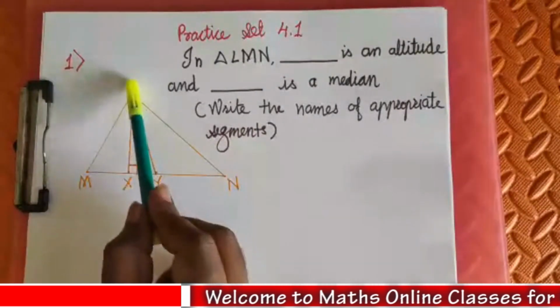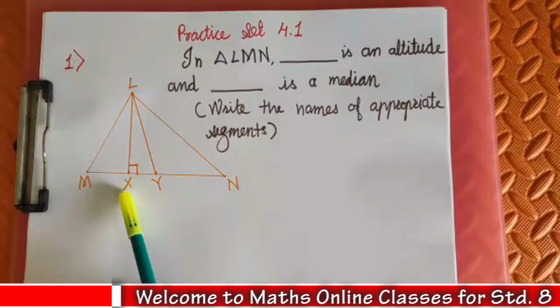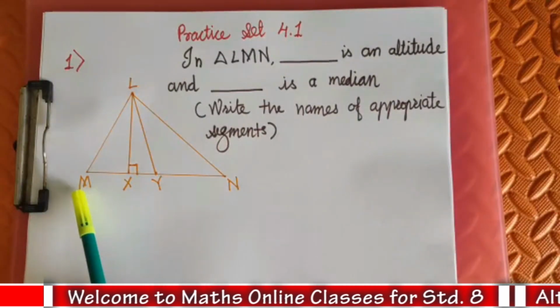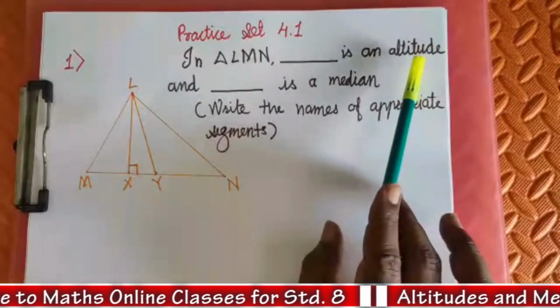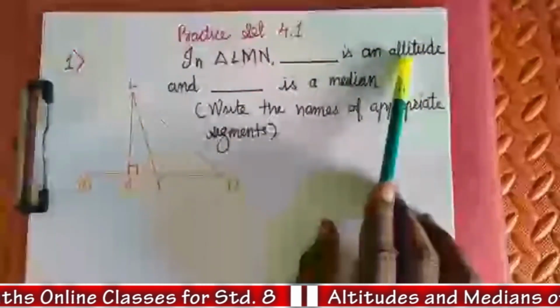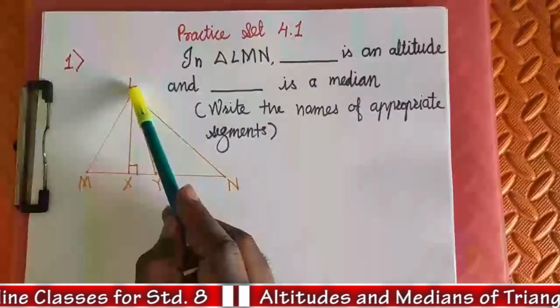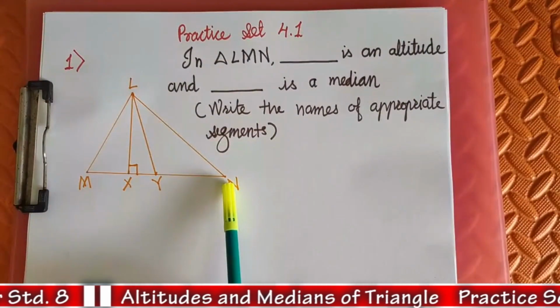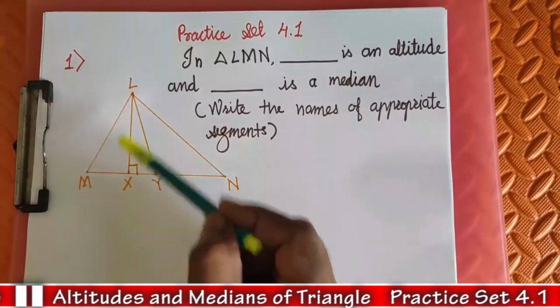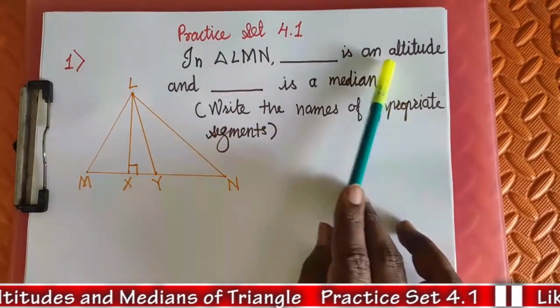Segment LX is perpendicular on side MN. Now altitude means a perpendicular drawn from a vertex on its opposite side. So segment LX is an altitude.